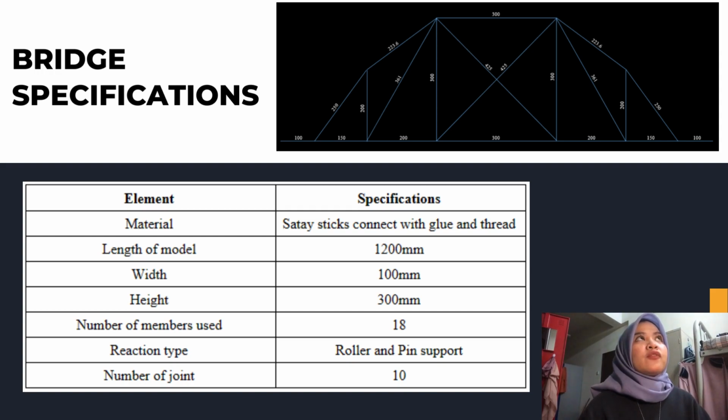The material itself is straws, connected with glue and tie and thread, and the length of our model is 1,200 millimeters. The width is 100 millimeters, and then the height is 300 millimeters. Number of members used is 18, and the reaction type is roller and pin support. And then the last one is the number of joints, which is 10.